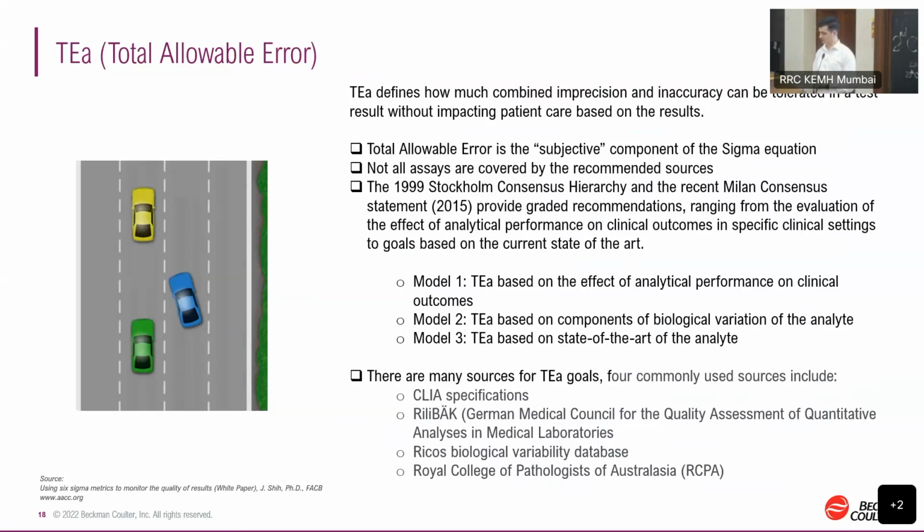That's the example of analytical performance on clinical outcome. The second model is total allowable error based on components of biological variation. Biological variation plays an important role in determining TEA in the second hierarchy. Then the third one is based on state of the art. State of the art is recommended by many PT providers. PT means proficiency testing.